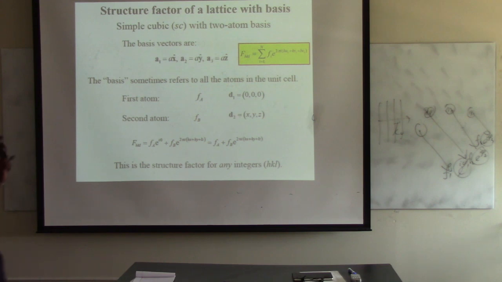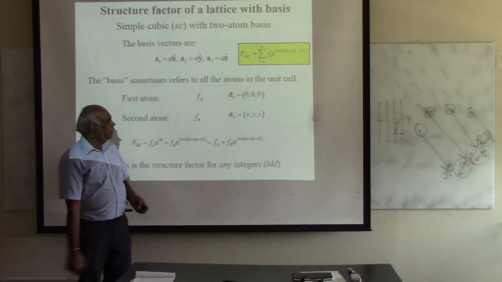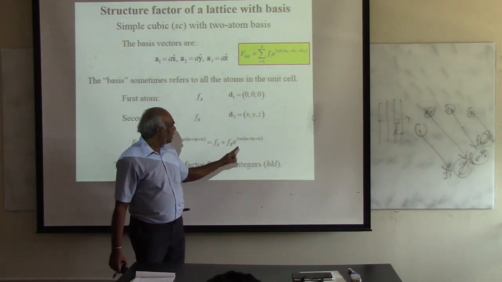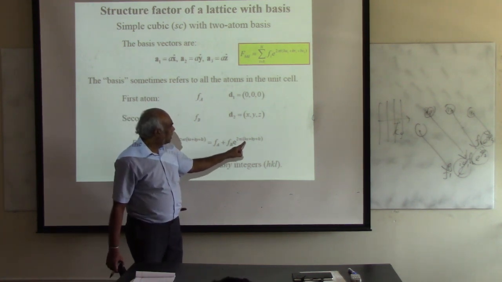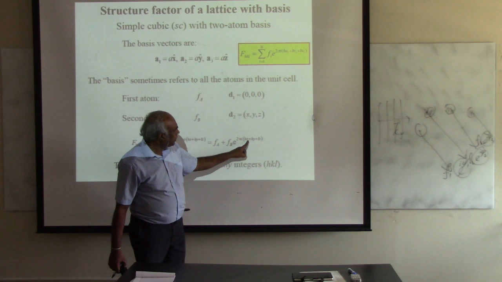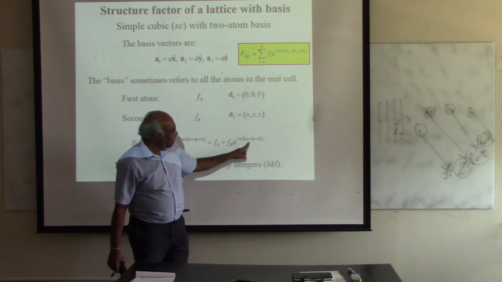But can you tell me what happens if this HKL, suppose these are in a position like half, 0, 0?